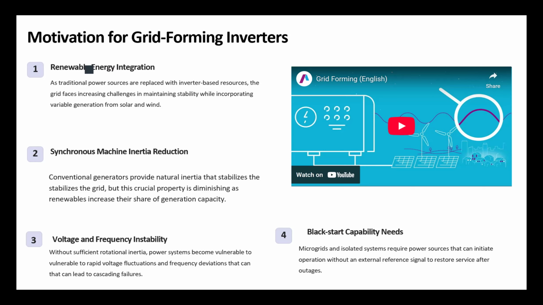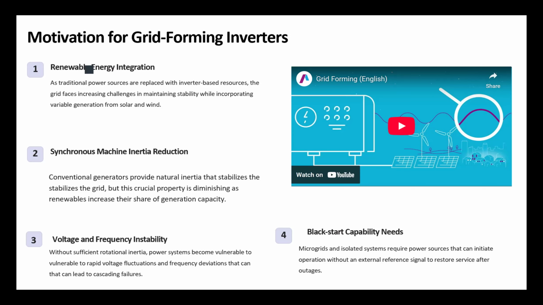So when a system has inertia, it can resist against the variation or any transient kind of fluctuation. Now, the problem with the inverter is that we don't have any physical inertia as we had in a rotary machine.